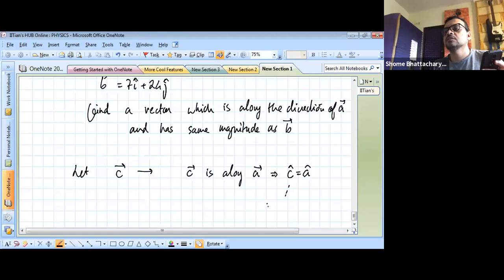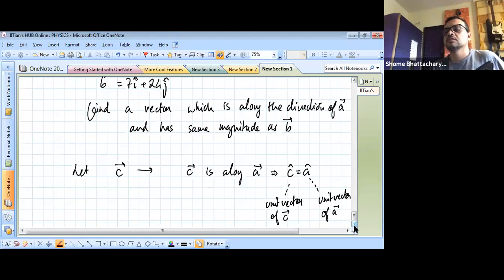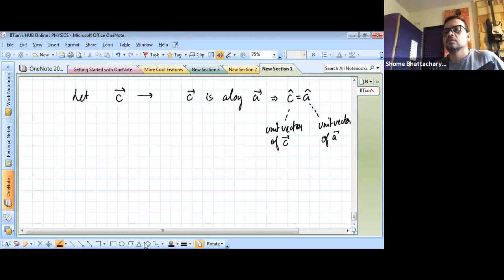Now the unit vector of C is equal to the unit vector of A. So basically, if this is the vector A, suppose, then the vector C should be parallel to it or along its direction. You can draw the vector C like this, or like this, whatever, it doesn't matter. The important thing is that it's parallel.